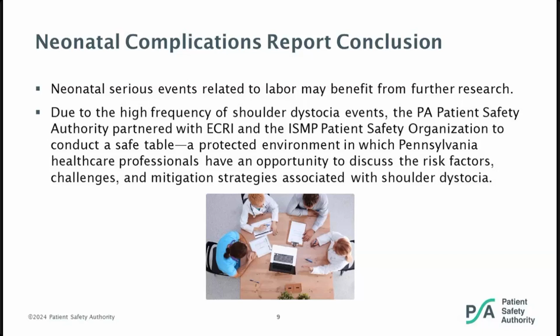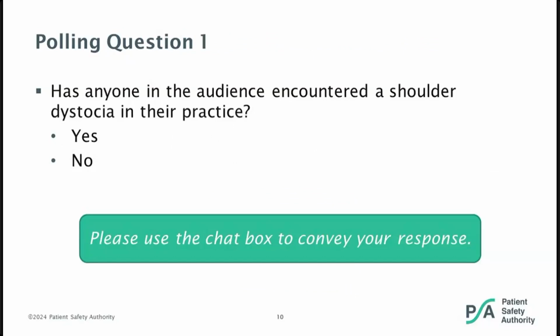So our next slide is our first polling question for today. To answer this question, you can feel free to type your response in the chat box. It's a pretty straightforward question for our first one. Has anyone in the audience encountered a shoulder dystocia in their practice? Okay, so it looks like we're getting a lot of yeses in here, so that's good.